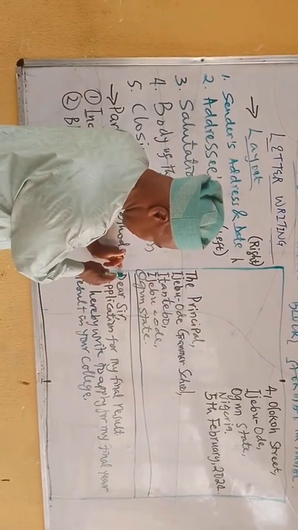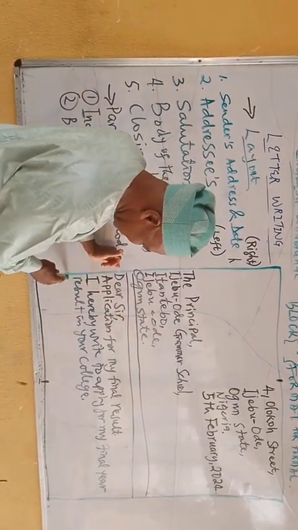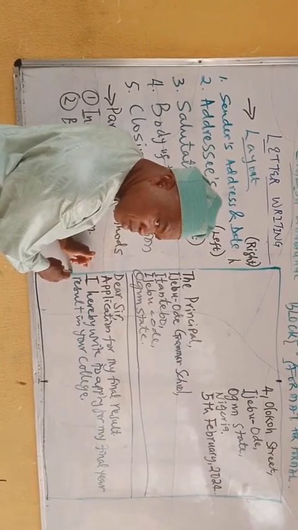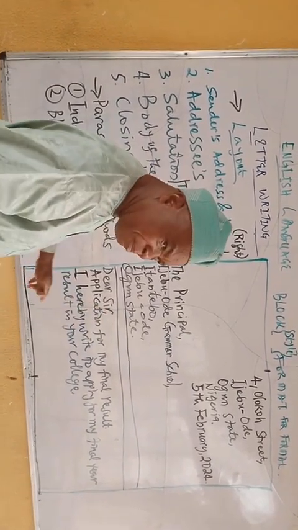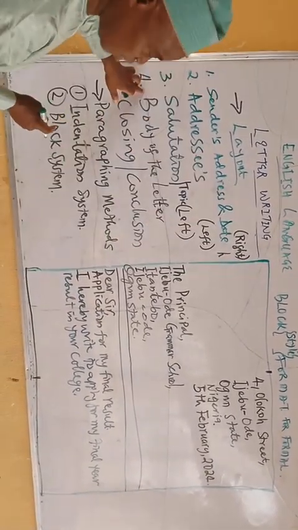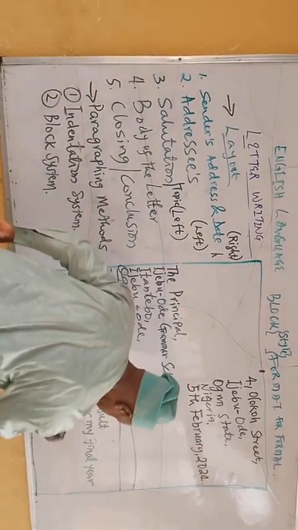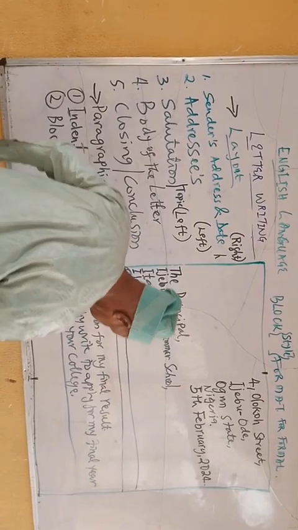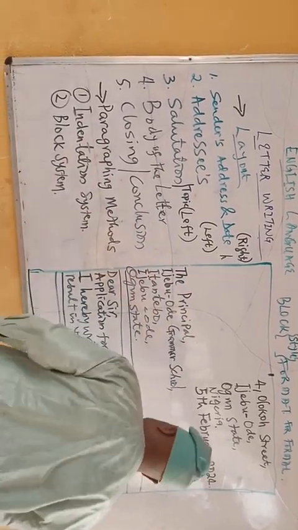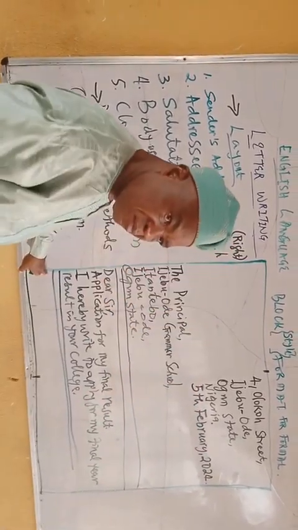Imagine we are starting on the same line, this left-hand block. If you are going to start the second paragraph, which is the body of the letter, you still skip a line.